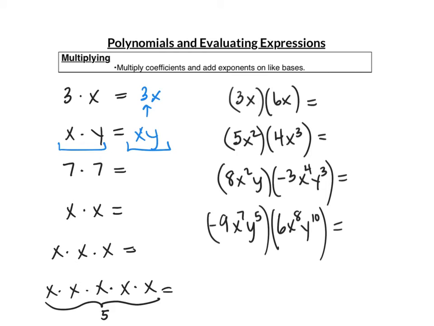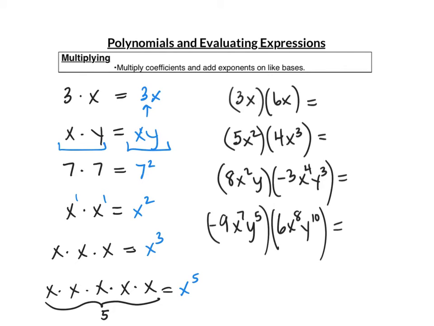But exponents come into play when you multiply. We know that 7 times 7 is 7 squared, and x times x is the same idea. It's x squared. x times x times x, there are 3 of them. That's x cubed. And right below here, there are 5 of those x's. That's x to the 5th. Now be aware what you're doing is you're adding the exponents.